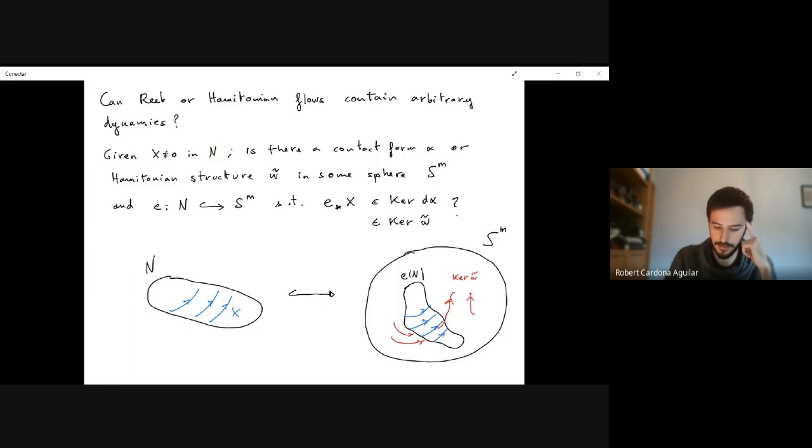You have N and some vector field X tangent to it. You embed it into some sphere where you have some Hamiltonian structure or some contact form which defines a Reeb field. The question is whether you can find one such that it coincides with X along this embedding. So in some sense, the dynamics of this vector field are embedded into the dynamics of the Reeb or the Hamiltonian vector field.